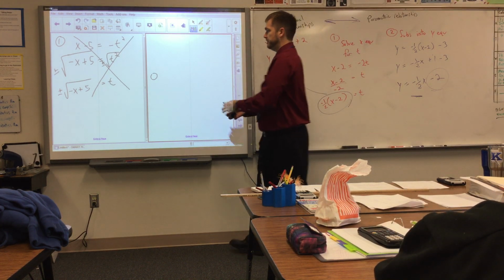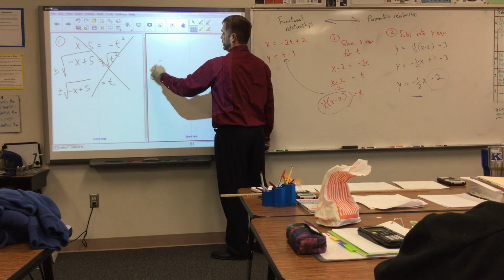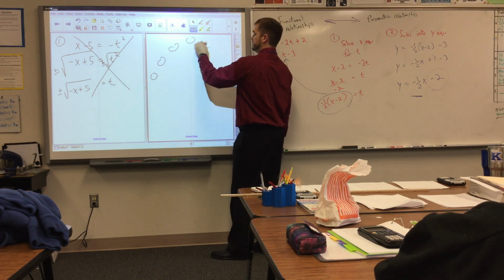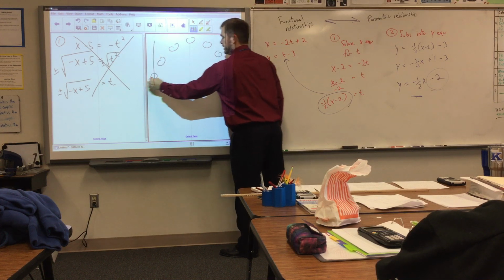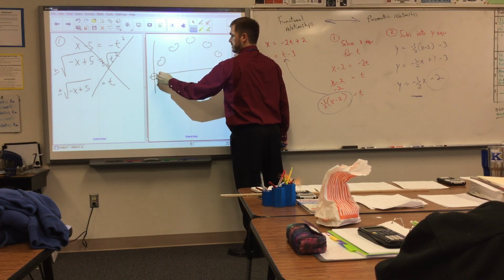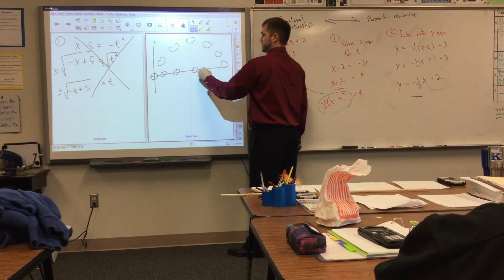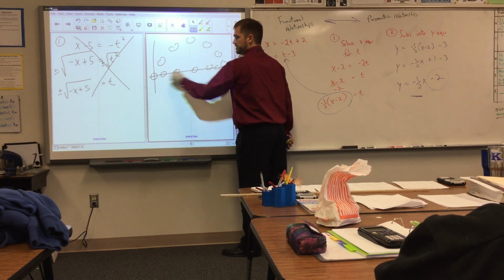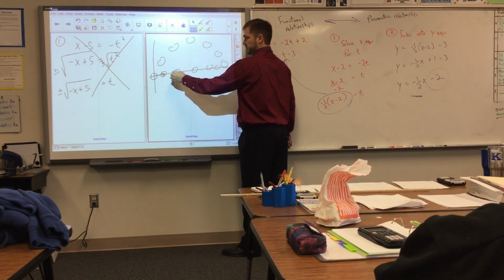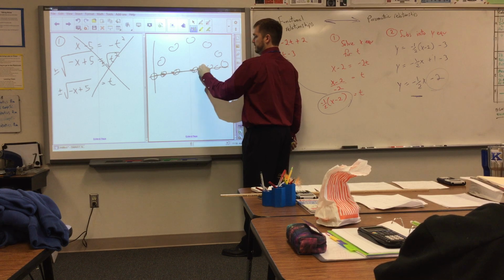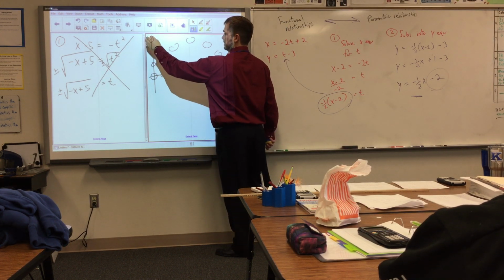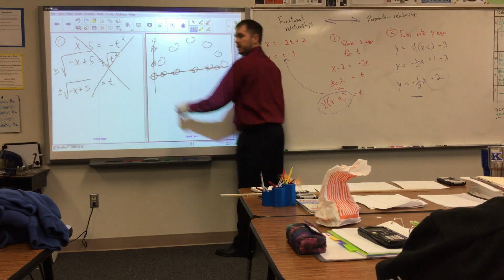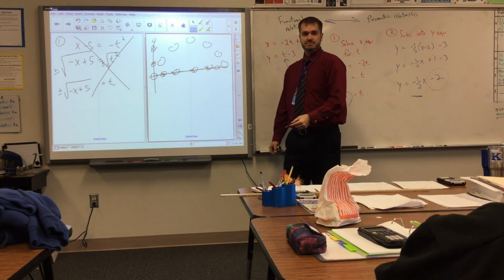Is in projectile motion. Where you have an object whose x position depends on time, and whose y position also depends on time.